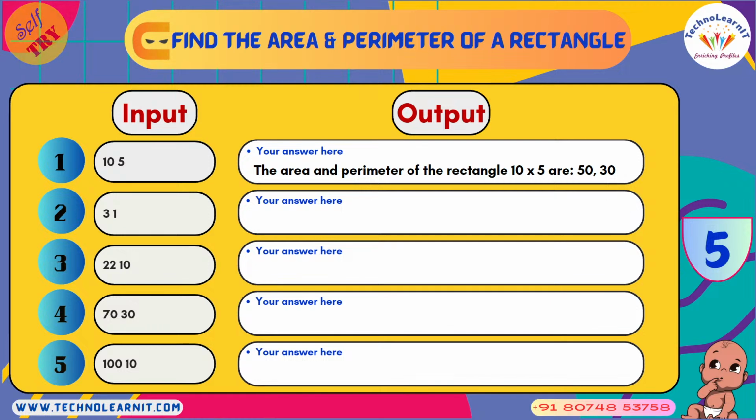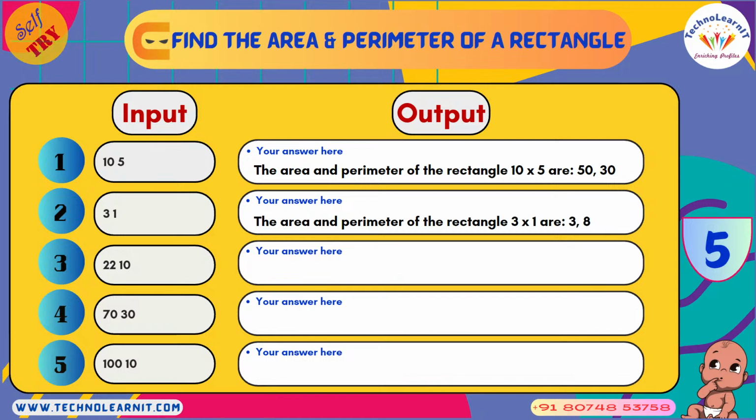You have considered the length of one side as 10, and the length of the other side as 5, but there are two more sides left. So if you just double the product, sorry, double the sum, that will give you the perimeter.